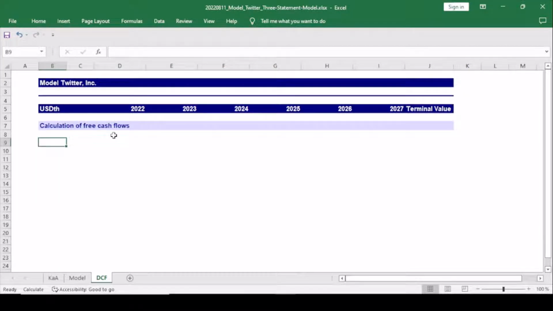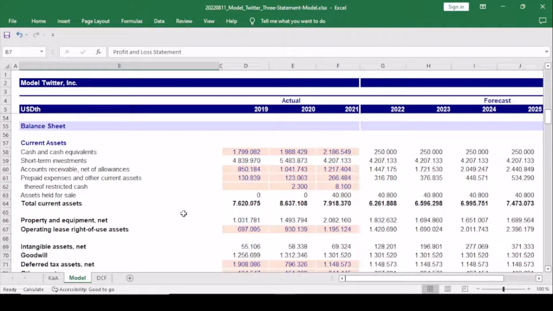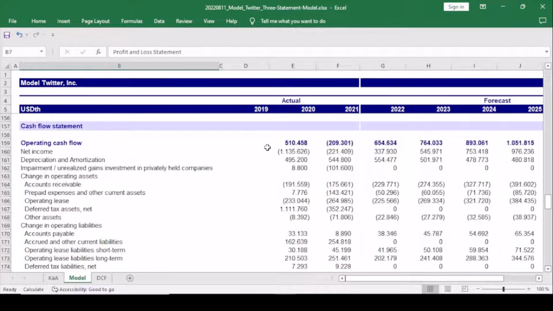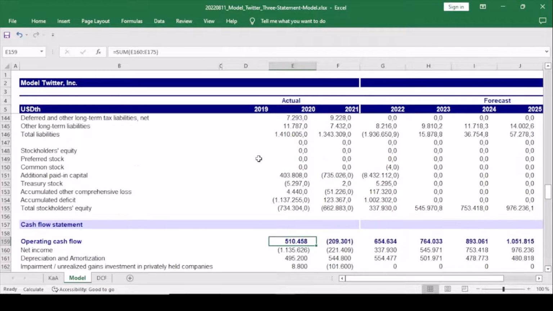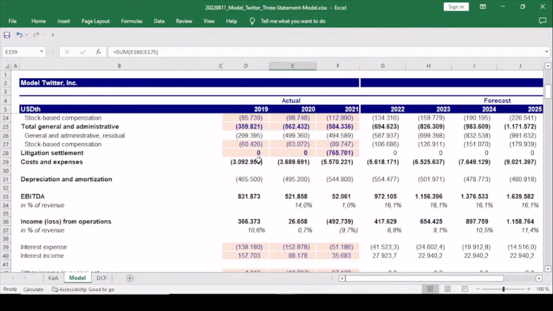If you take a look in the cash flow statement we defined in our last video, the starting point of the operating cash flow is net income. However, net income also includes interest payments, as you can see in the P&L.